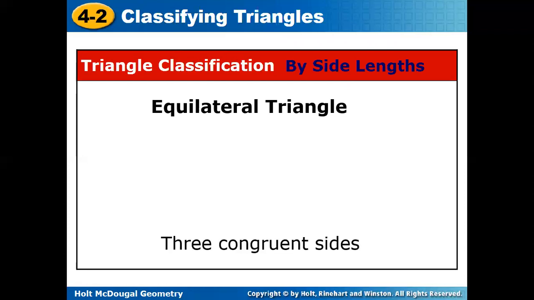In this triangle, the three sides are congruent. It means the three sides have the same length. It will be like this, and you will see in the equilateral triangle that you have the same sign on the three sides.